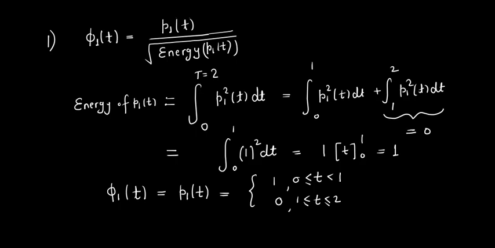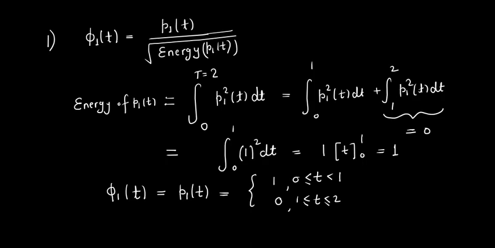Next, what would be your step 2, or you can call it step 0 also, because you are not projecting anywhere. So anyway, step 2. Now you have one basis function at your disposal. So you have to find out the amount of P2(t) over phi 1(t).